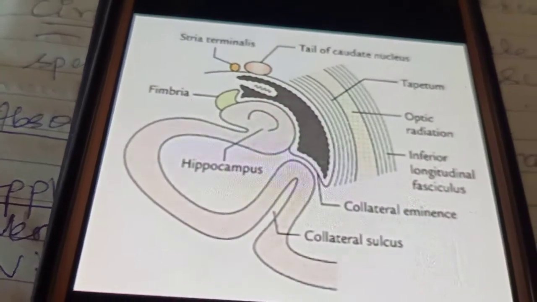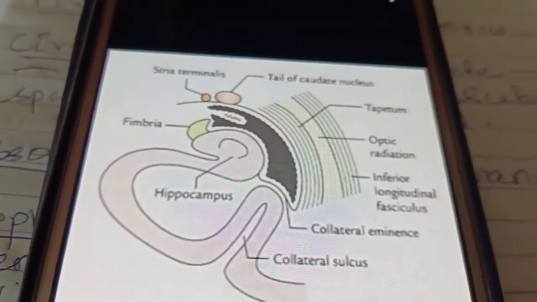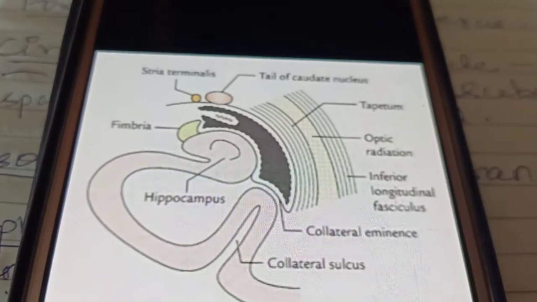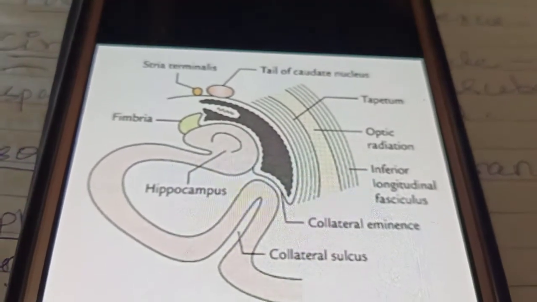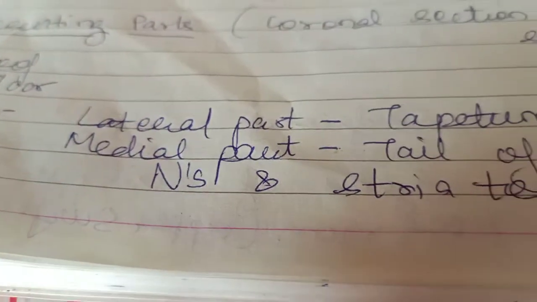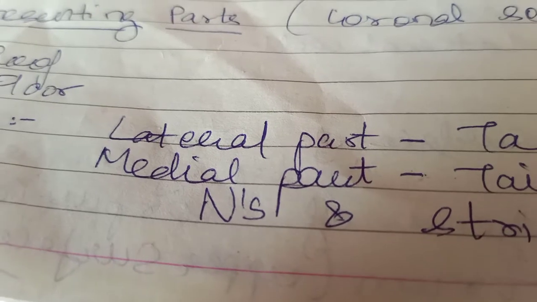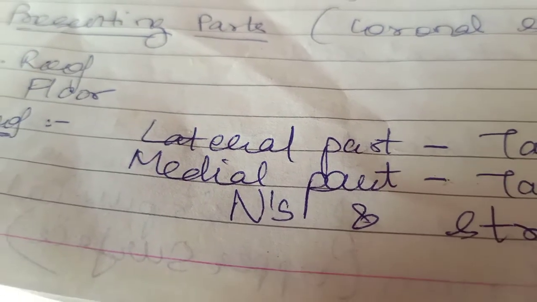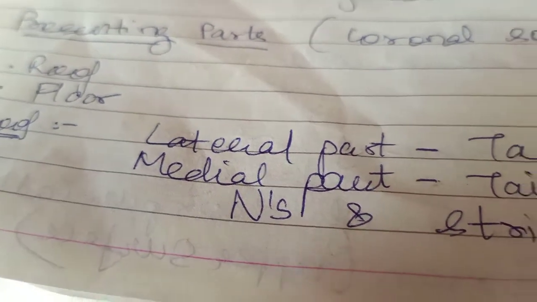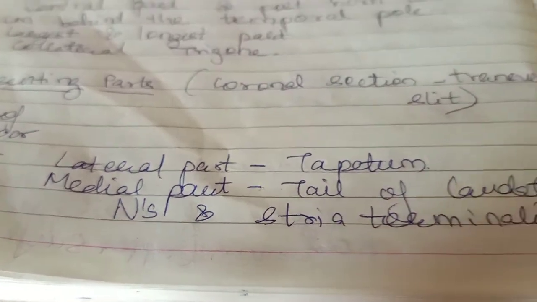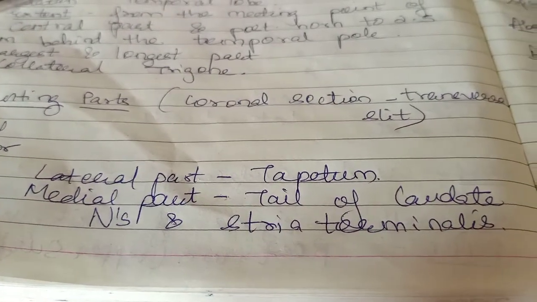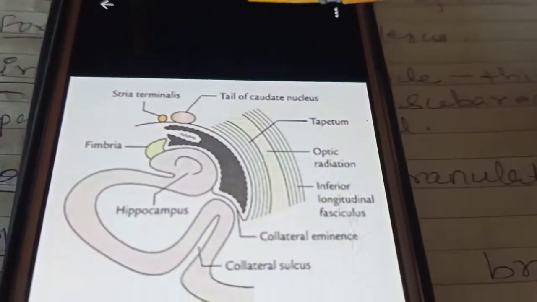The medial part is formed by the tail of the caudate nucleus and stria terminalis. If you take the lateral part, it is formed by the tapetum. And the medial part is formed by the tail of the caudate nucleus and stria terminalis. So this is all you have to remember, students.